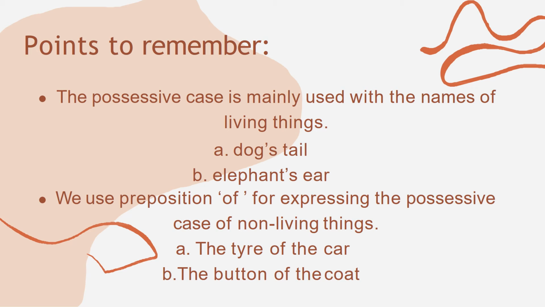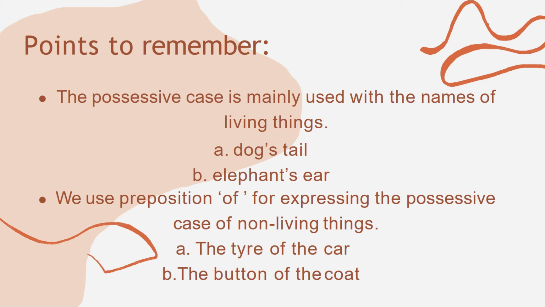Next one, the button of the coat. We cannot write the coat's button because everything here is non-living. And in the case of non-living, we write the preposition of. So we will not write the coat's button. Rather, we will write the button of the coat.